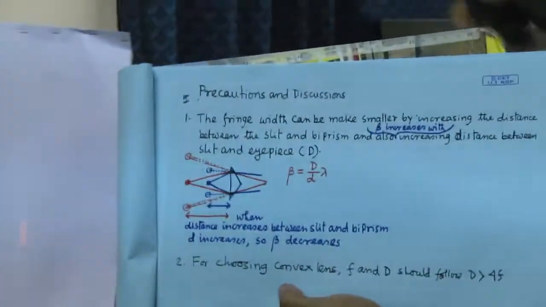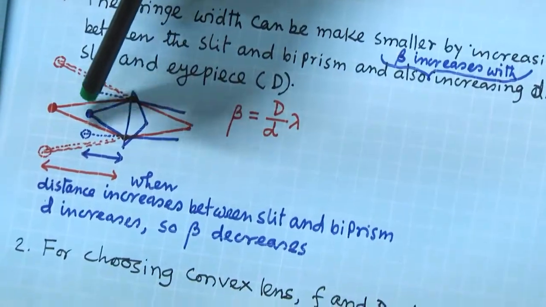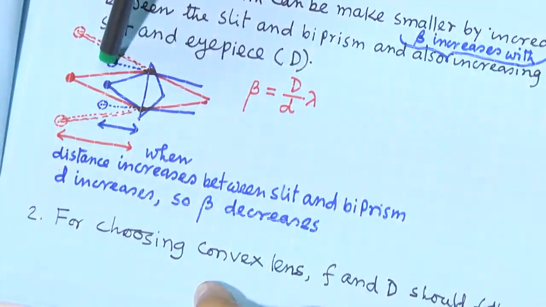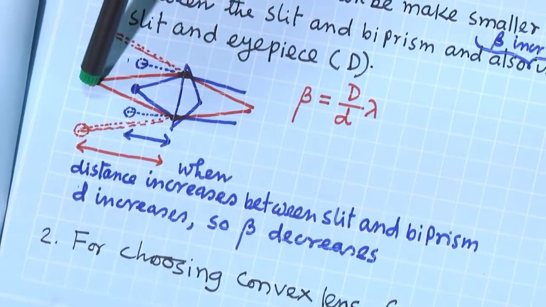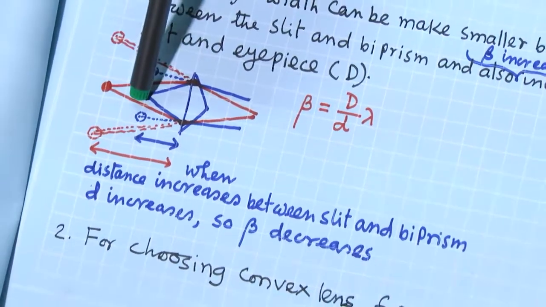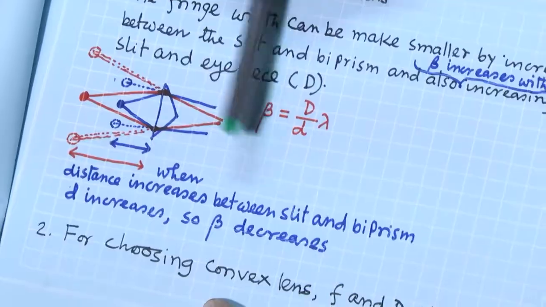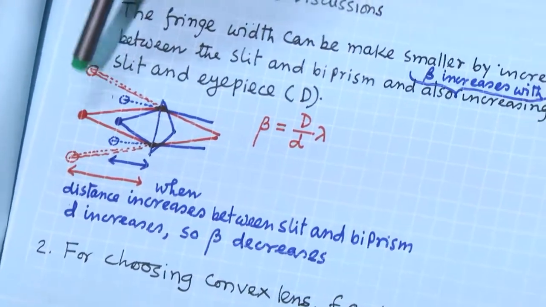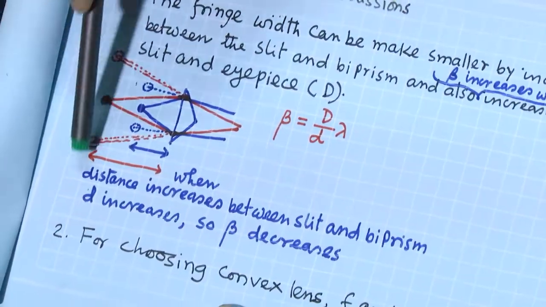So that's why in this figure I have shown, when the source is here, this is the bi-prism, the virtual images have this separation. When the source is here, but I change the bi-prism distance, so now the distance between the source and bi-prism is this, the virtual source will be here, so now this d value is higher.